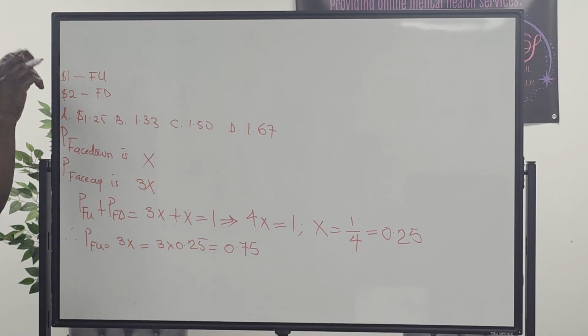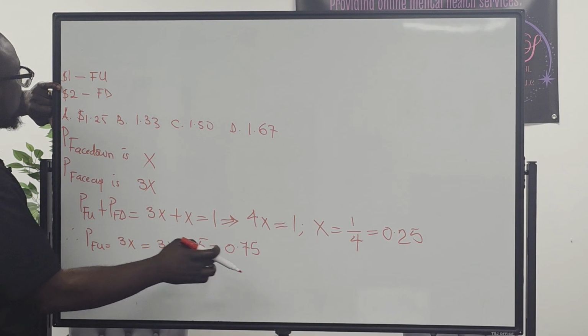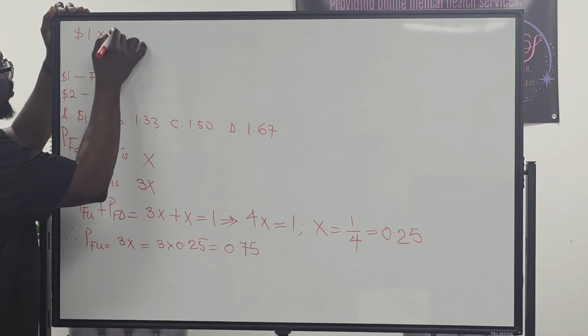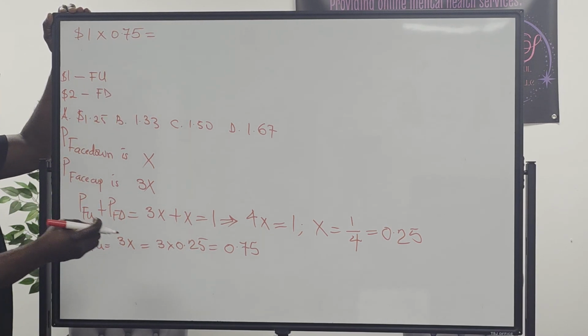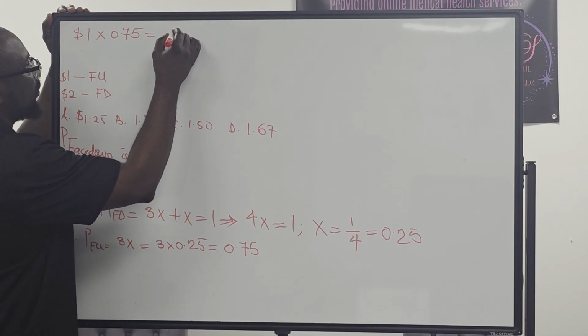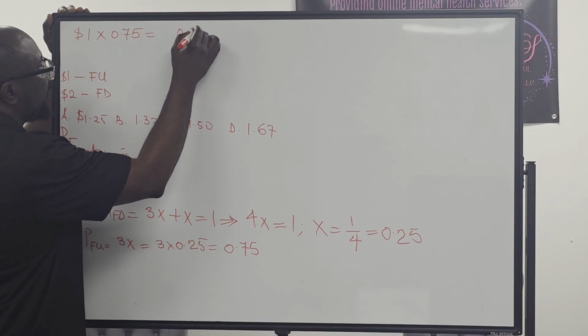So the probability of that happening for face up, we say is 0.75. So $1 times 0.75 is what the person will actually win, because that's the probability of winning that $1. So if you weight it, that gives you $0.75.